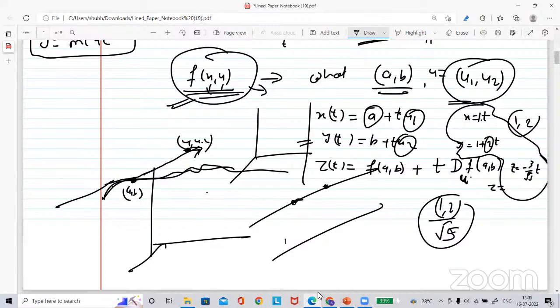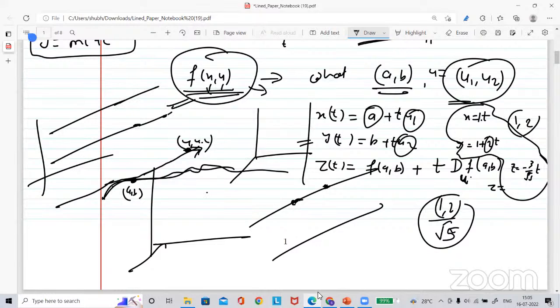What I was confused about was, if u1 is 1 and u2 is 2, don't we have to divide by the norm? Where did that go? Yes, you have to divide. If two lines are parallel, how will you find the direction?